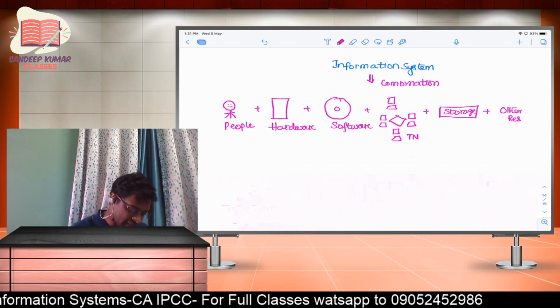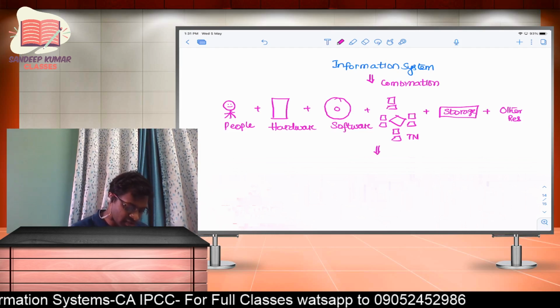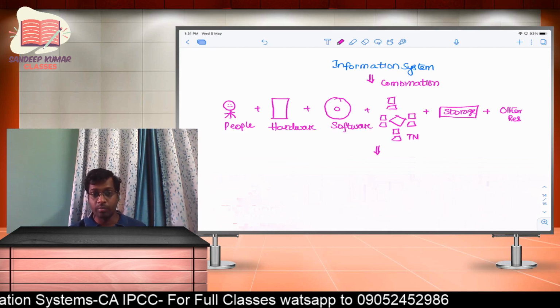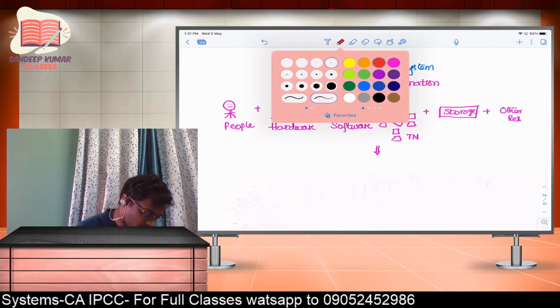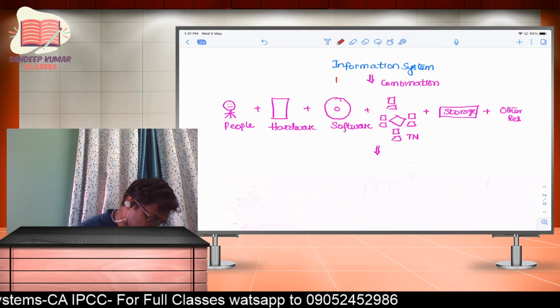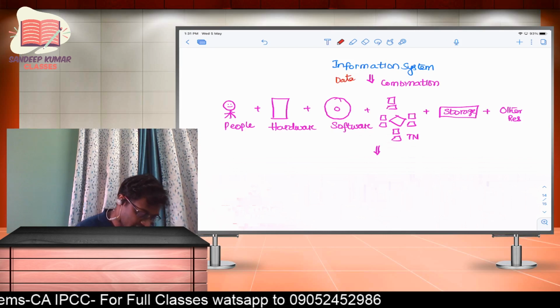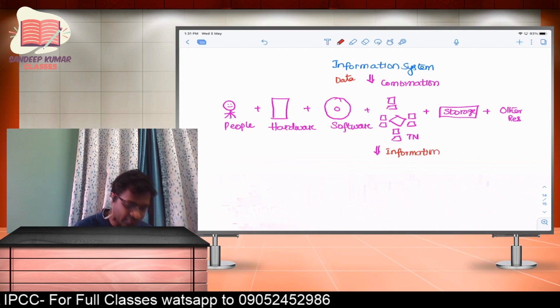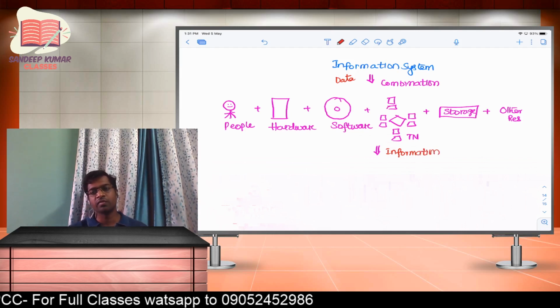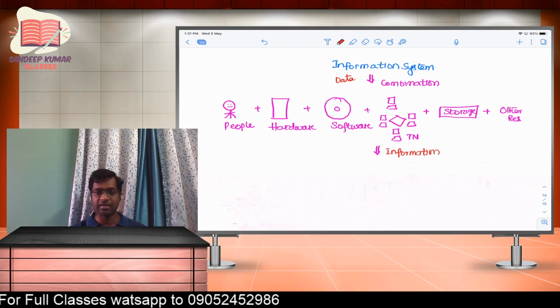Now, what exactly will this information system do? These components will help to convert data into information. Okay. So why do we require an information system? It's a combination of people, hardware, software, telecommunication networks, storage devices, and other resources.